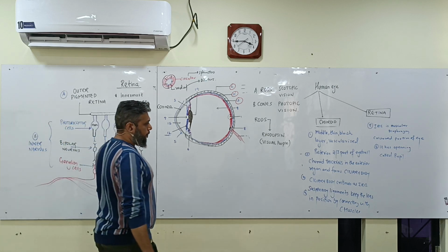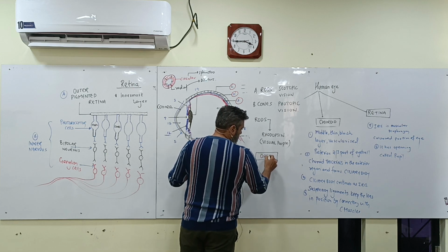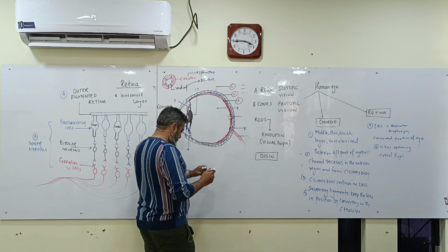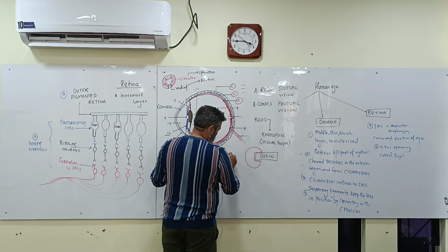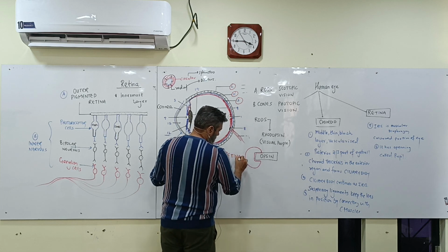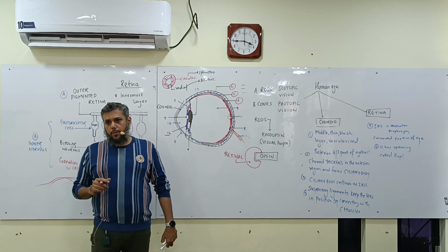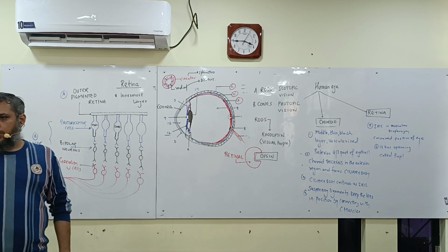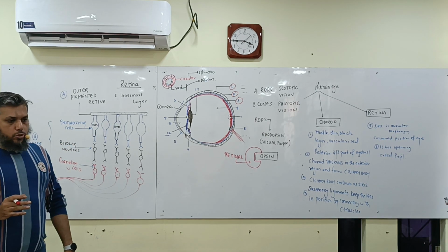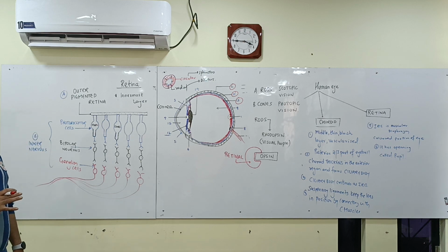And it is made up of the protein part which is called opsin, and a non-protein part called retinal. So rods are made up of a pigment called rhodopsin, which is made up of two parts, opsin and retinal.